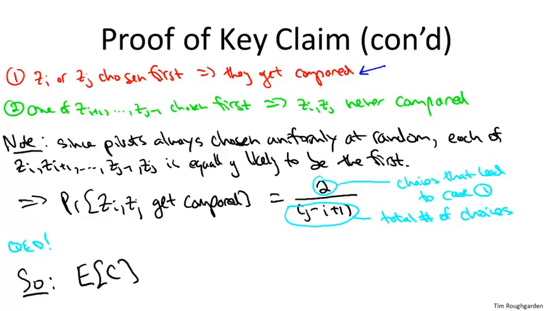Putting it all together, what we really care about, the average number of comparisons that Quicksort makes on this particular input array of length n, is just this double sum, which iterates over all possible ordered pairs i, j. And what we had here before was the probability of comparing z_i and z_j. We now know exactly what that is, so we just substitute.